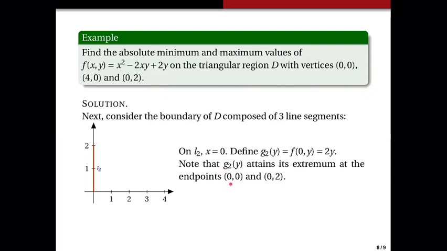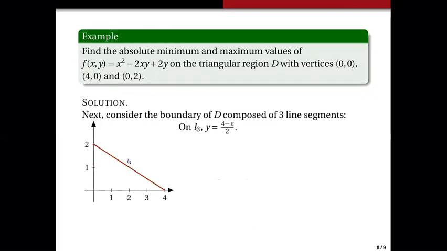At 0, comma 0, you got 0. At 0, comma 2, you'll just get the value of f to be 4. At the other point, the value of f is 16. So definitely this won't give you the absolute maximum or the absolute minimum. Not the absolute minimum because we have 0 here.